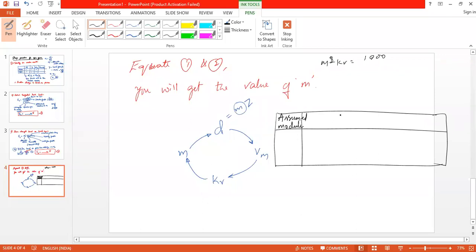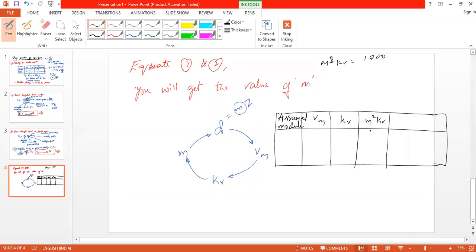If you assume the module, you can get the value of Vm. Once you know Vm, based on its value you choose the suitable equation to find kV. Once you know kV, you can get the value of m square kV or m cube kV.